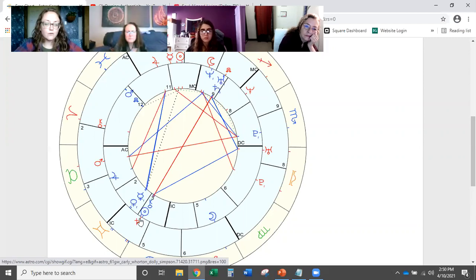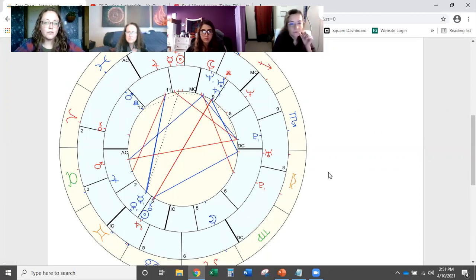And down here, where my Sun and Chiron is where her Saturn is. So our Saturns are both engaged with each other's chart, meaning we have stuff sitting side by side with both of our Saturns, and we learn from each other. Saturn is a lot about the lessons that we came to learn.